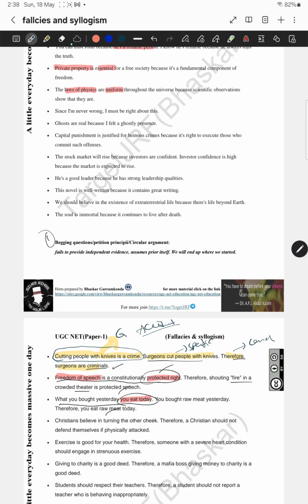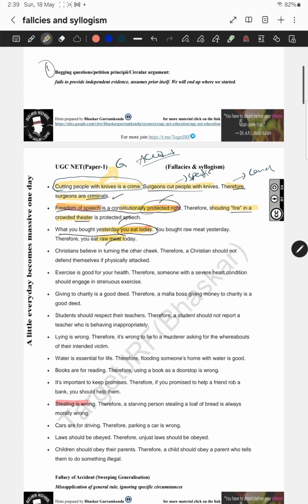Now here also you can see, freedom of speech is constitutionally protected, right? So this is the general rule. Therefore shouting fire in a crowded theater is protected speech. And what you bought yesterday you ate today: generally they are saying you bought raw meat yesterday, therefore you ate raw meat. Whatever you bought yesterday, you don't need to eat it as it is.